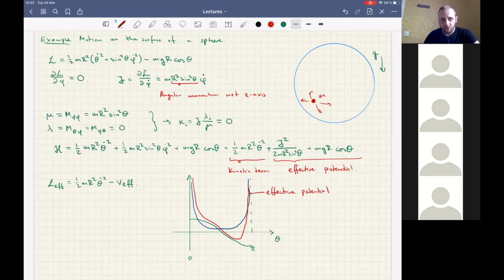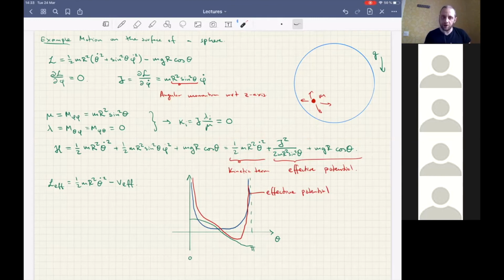And what you can see from this is that the Hamiltonian consists of this kinetic term, and it consists of this effective potential term. Now, the kinetic term is greater than or equal to 0.